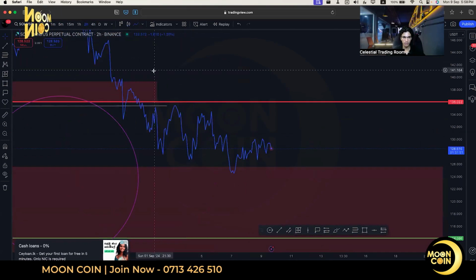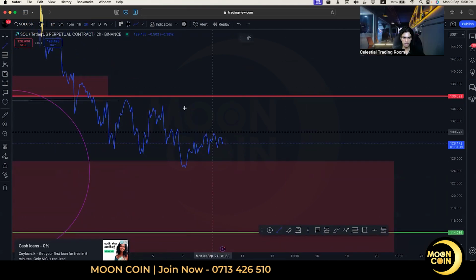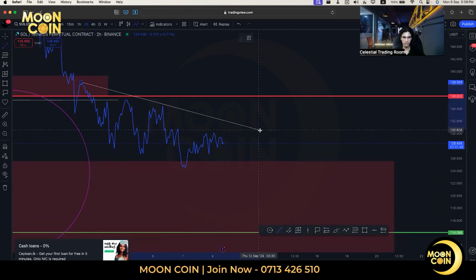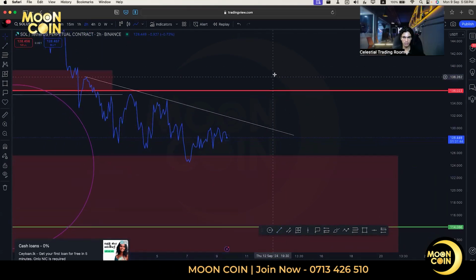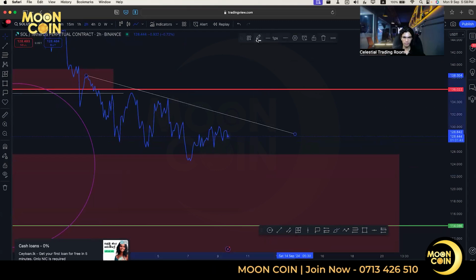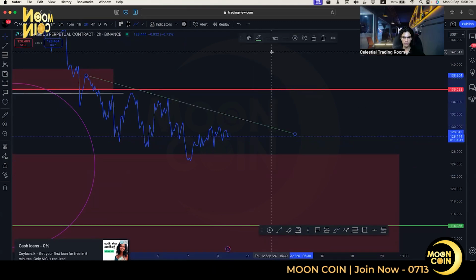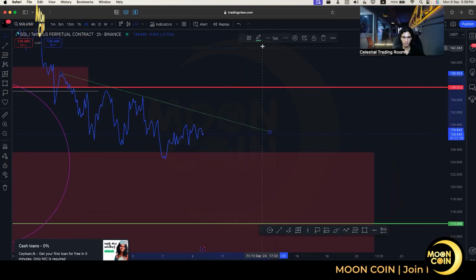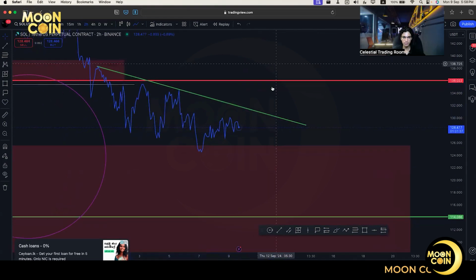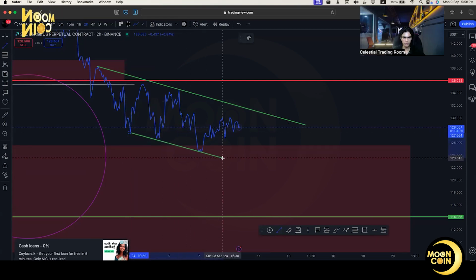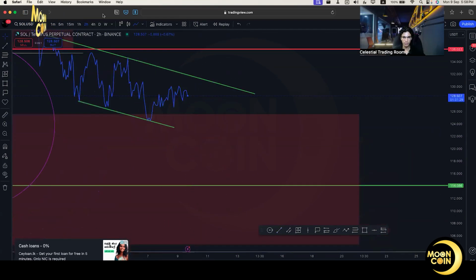Okay, now we'll go for the line charts, and we see a trend line here. You can see we have a very good trend line. It's beautiful, right?